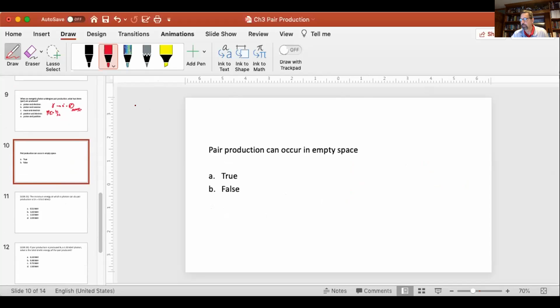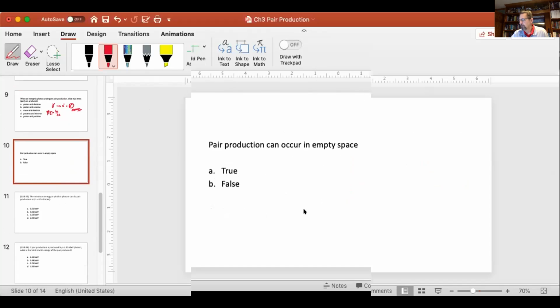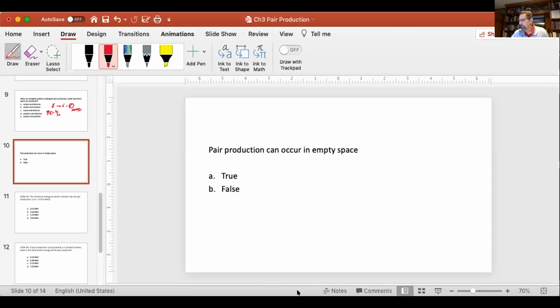Stop sharing this. Always at the bottom, launch it. And so can that reaction, draw the positron first this time, can that happen in empty space? True or false?